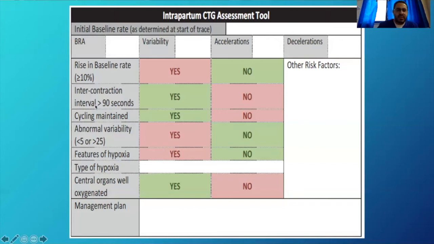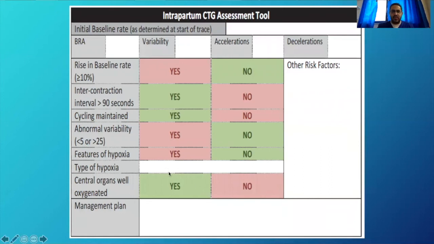Is the baby spending enough time in between contractions? Is the baby still cycling? Is the baby's variability normal? So has it gone less than 5 persistently, or is it more than 25, which means that baby's panicking? Okay, or are we seeing something like a sinusoidal pattern? Okay, so are there any features of hypoxia?